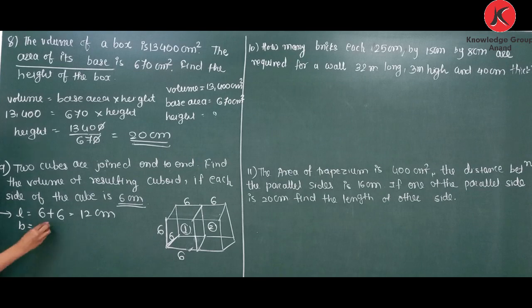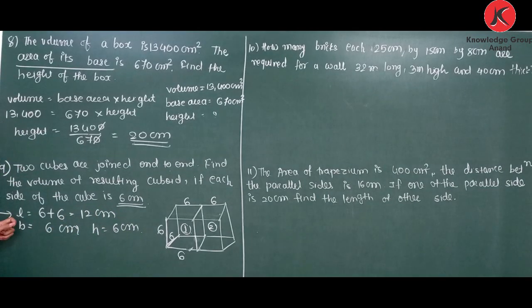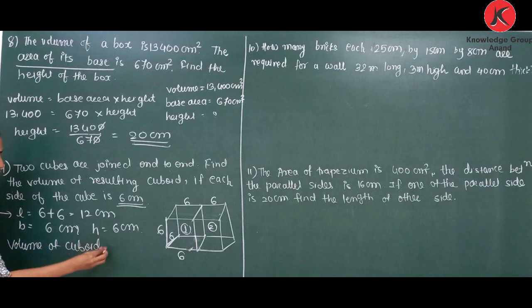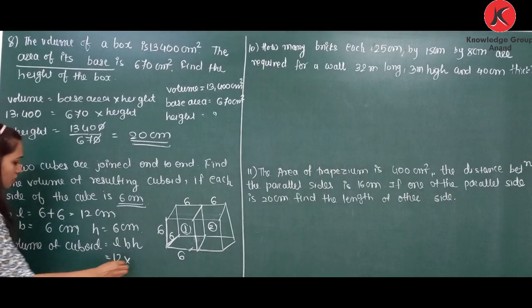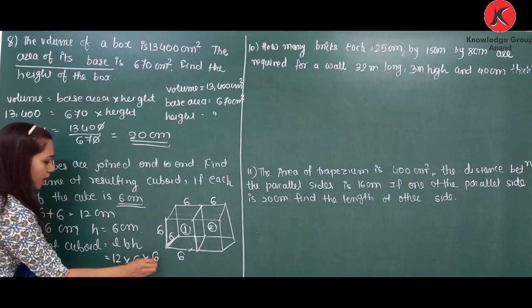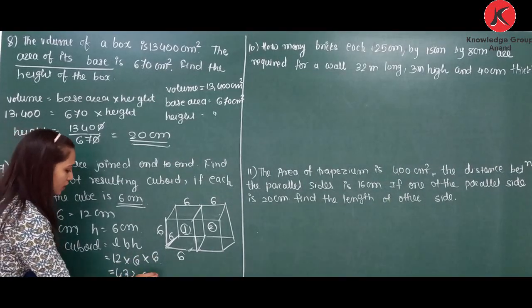Breadth will be 6 centimeters and height will be 6 centimeters. Now we can find the volume if we have length, breadth and height. So volume of cuboid is equal to LBH. Now length is 12, breadth is 6, height is 6. So we get 432 centimeters cube.